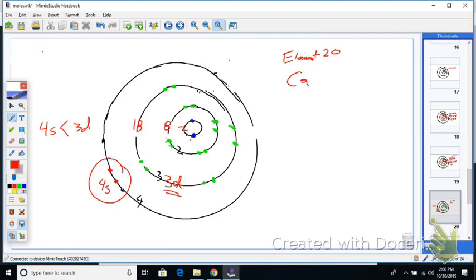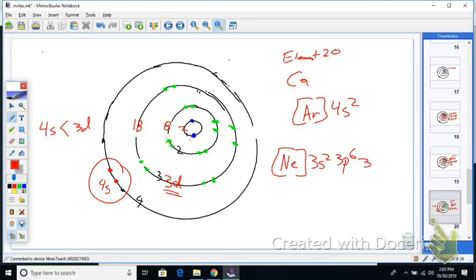So if you did this right, you would have put in brackets argon, and you would have had 4s2. And that would have been it. Okay? And hopefully you guys remember that from when we did it before. That was the tough part for students to figure out, because you would think in the sequence, if we had neon in there, we go 3s2, 3p6, and the next thing the students would probably want to do is put 3d2.